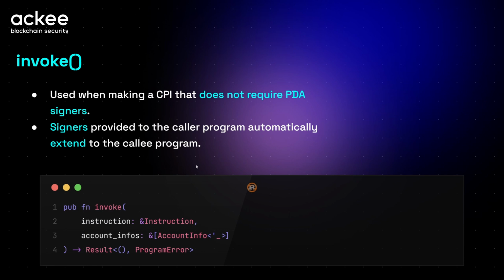And once again, signers provided to the caller program automatically extend to the callee program. So if you check in program A whether the user signed the transaction, this flag will be marked as true. And if you do the same in program B, then again, this will be marked as true.